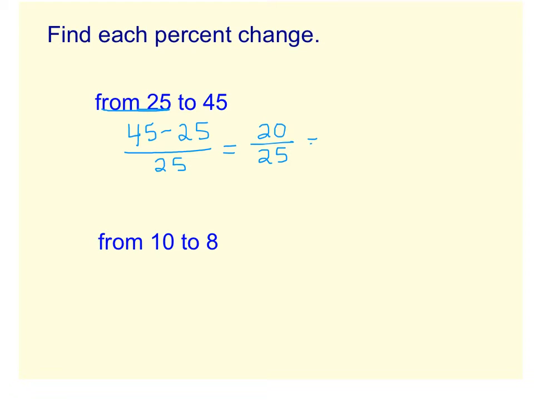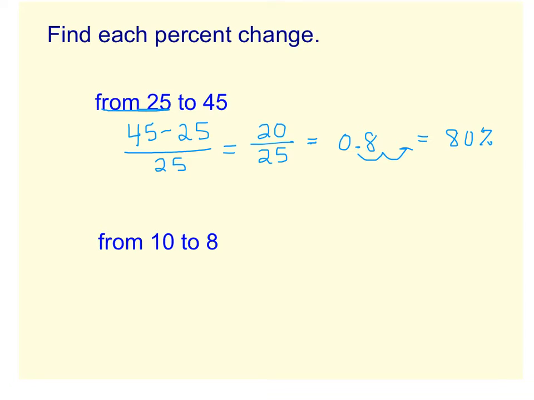And then you grab your calculators and you just divide that out. 20 divided by 25. And you get 0.8. Now remember, we have to express it as a percent. So we have a decimal. Let's move our decimal 2 spots to the right. And that's going to give us 80%. And the last thing we have to do, and it might be kind of obvious, but we just have to be clear about it, is it an 80% increase or an 80% decrease?